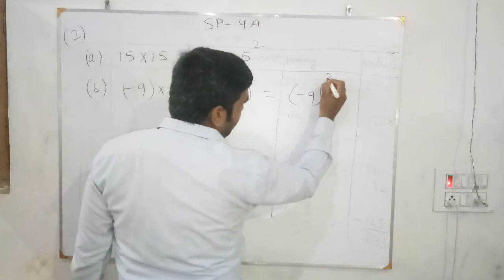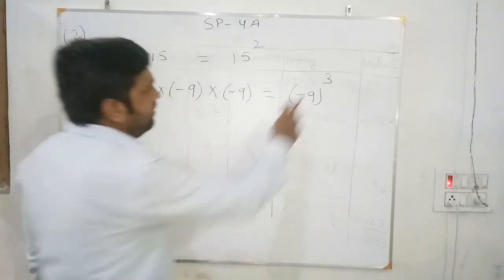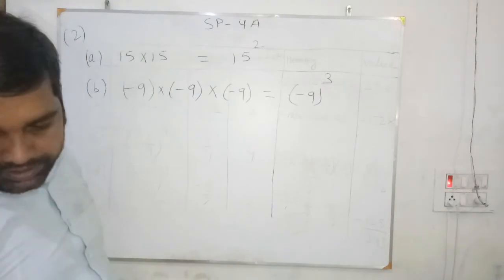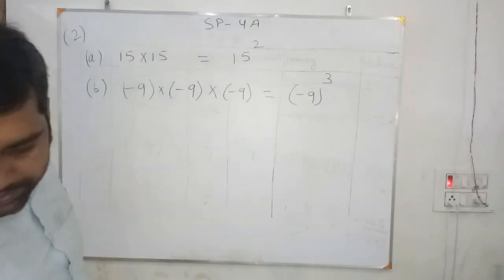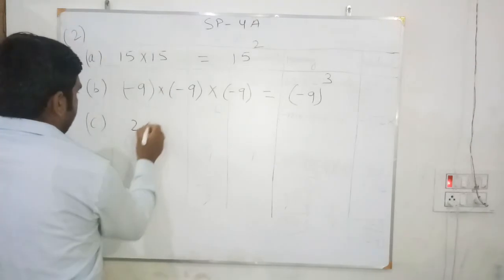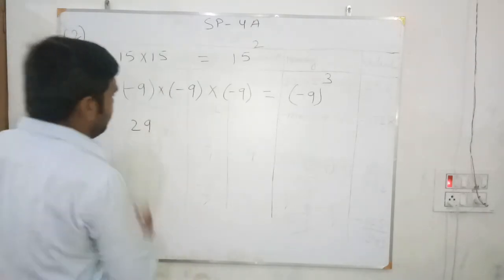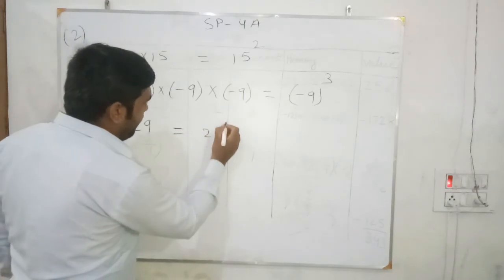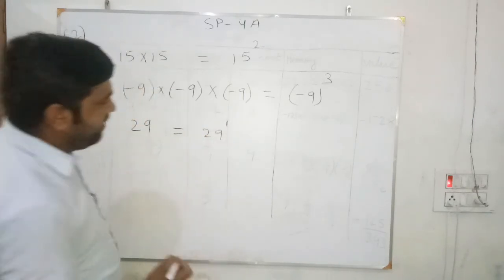So the exponent will be 3, minus 9 to the power 3. Next, C is written 29. It is multiplied only one time. So this you can write as 29 to the power 1.